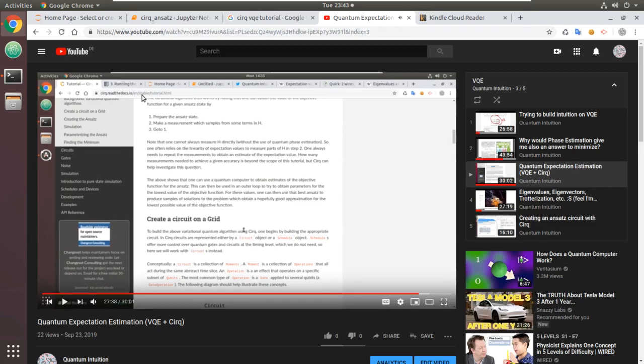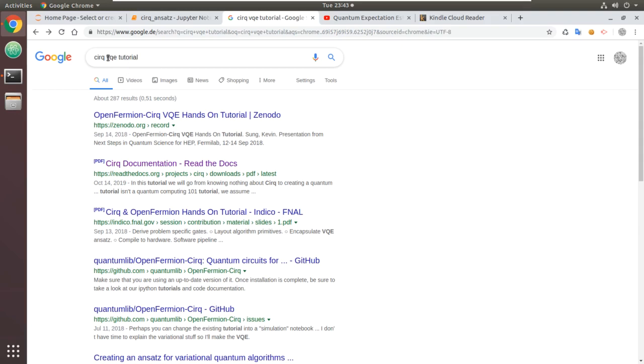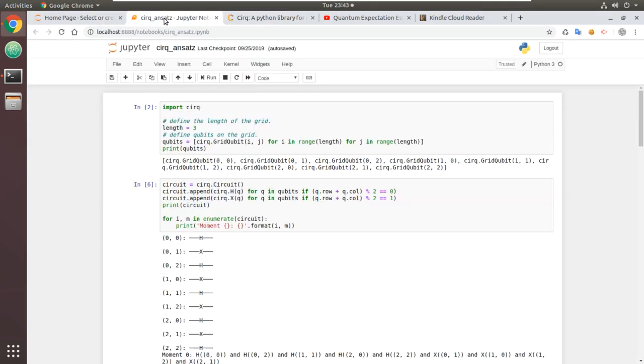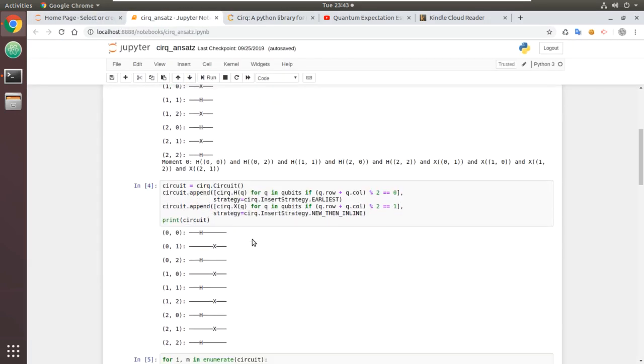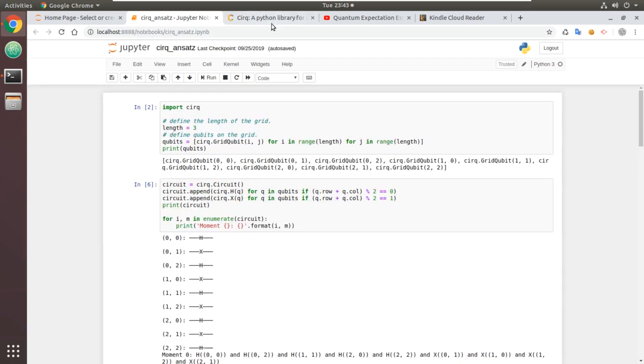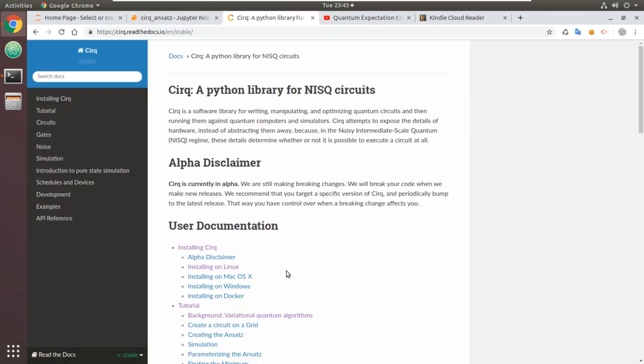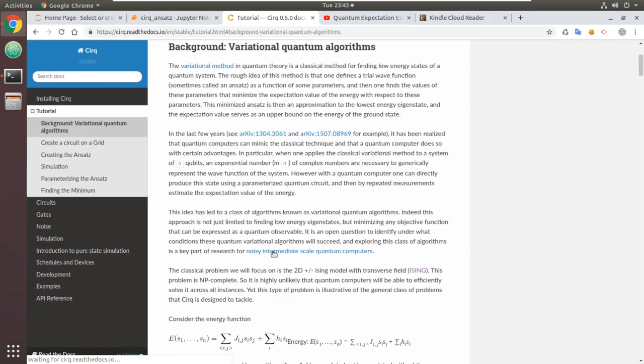Cirq, read the docs. Okay. Where did I leave off? Because I've got the Jupyter notebook I just started here, and I was taking a look at what I did, basically probably just copy pasting that stuff.